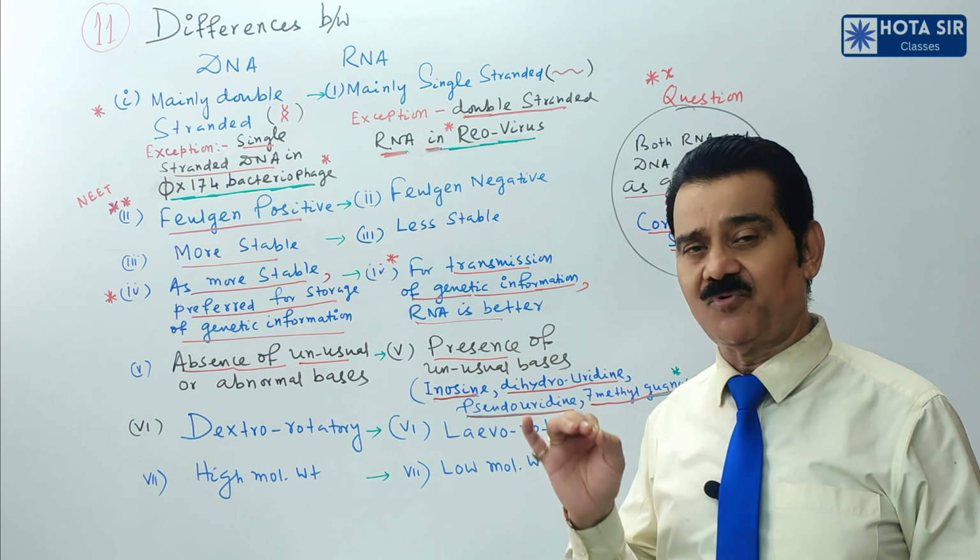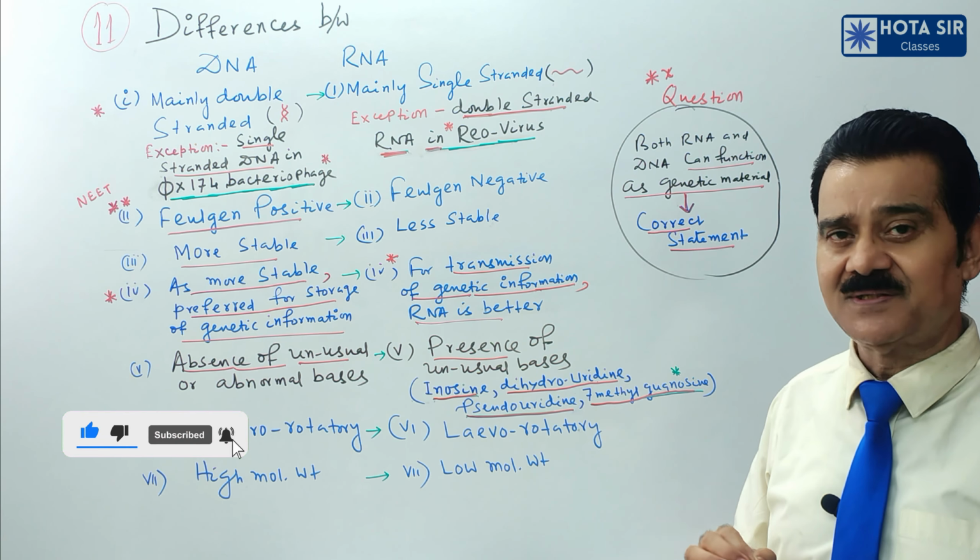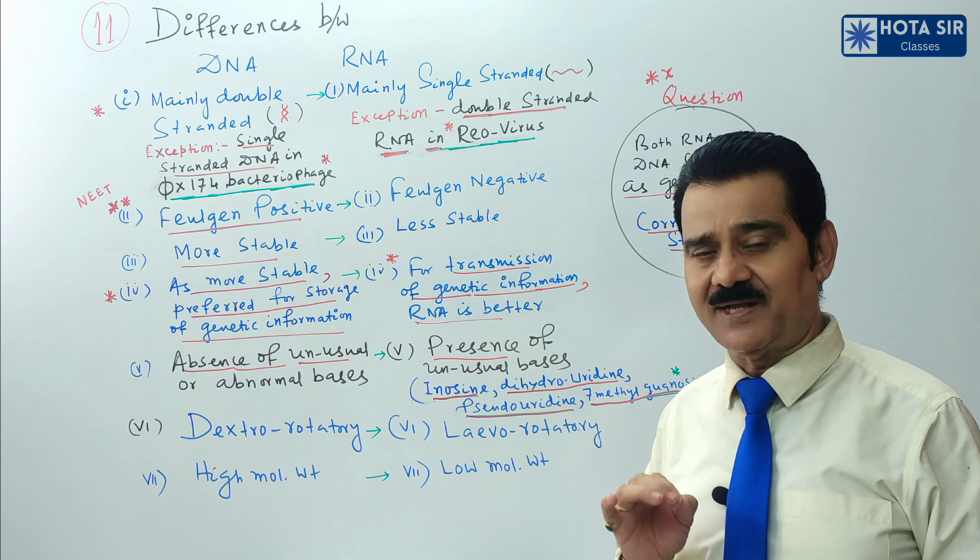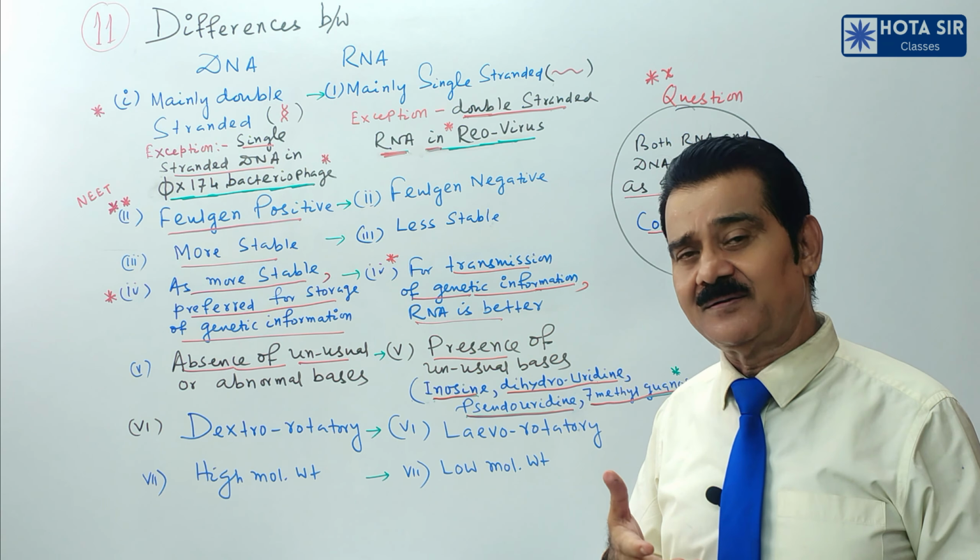Okay? Now next point. DNA is Feulgen positive, whereas RNA is Feulgen negative. The most important point is DNA is Feulgen positive. Feulgen is a stain, and DNA gives response to this stain and gives purple coloration to the Feulgen stain.